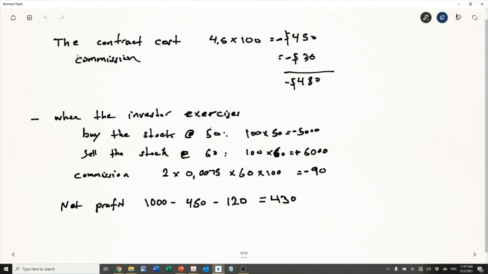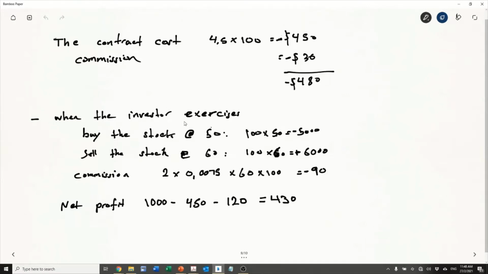Now the contract cost will be 4.5, the option price, times 100, because each contract includes 100 options. So total will be 450, an amount that will be paid by the investor. And the commission, according to the schedule, is going to be $30. So net, the investor will pay 480.